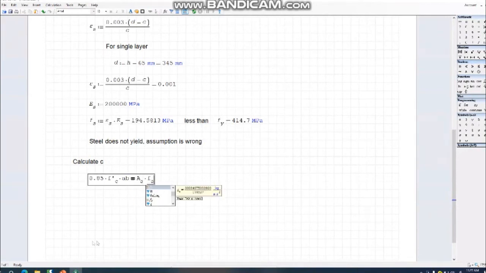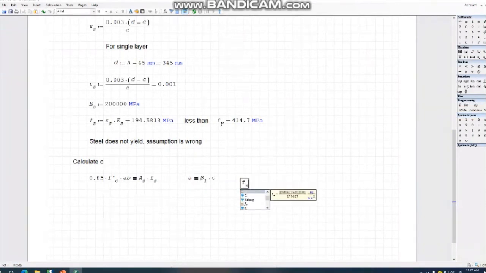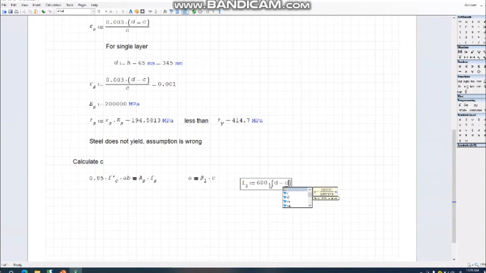Then we replace A, since our A is equivalent to beta 1 times C. Then our Fs is given by the formula 600 times D minus C, actually, D minus C all over C. That's the formula.